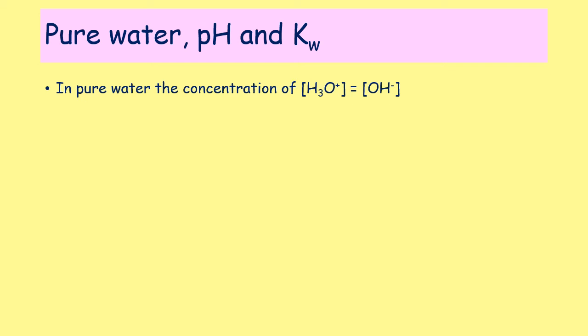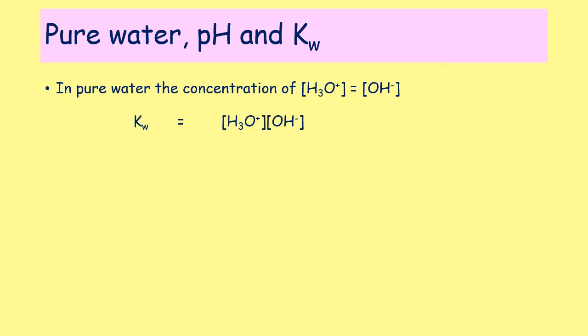In pure water, we know that the concentration of H3O plus is going to be exactly the same as the concentration of OH minus, because for every 2 water molecules, we get 1 hydronium and 1 hydroxide. So they have to be constant and equal to one another.